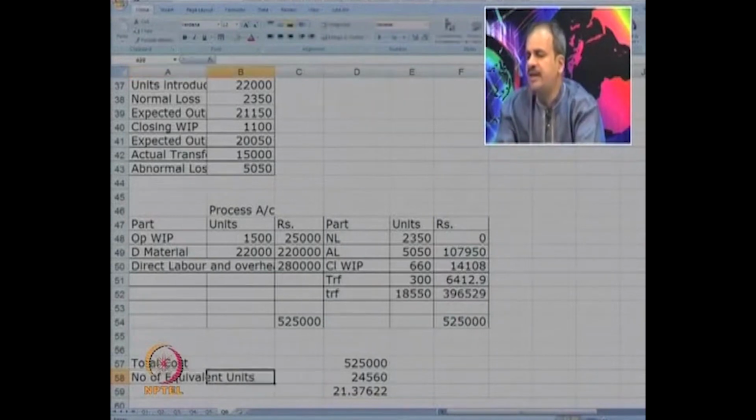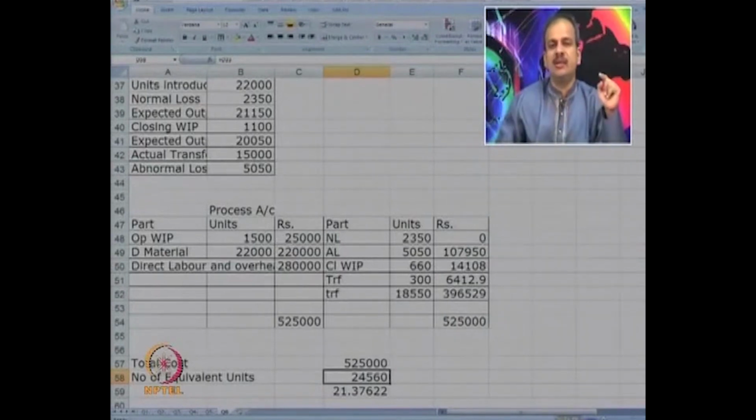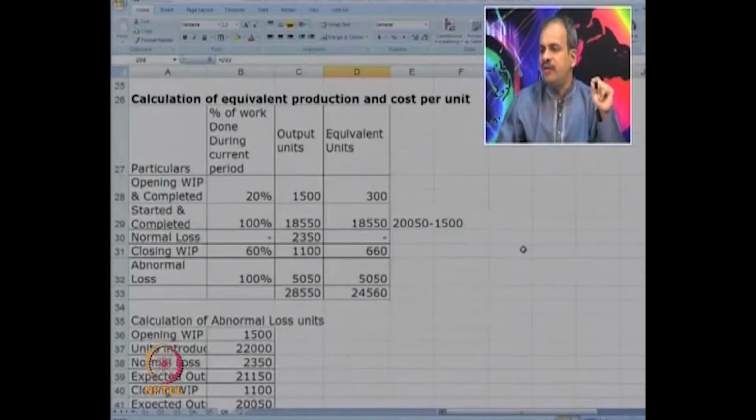Here you should keep in mind that we are going to divide it by number of equivalent units and not number of total units. Number of total units may be more, but we are looking at number of equivalent units.